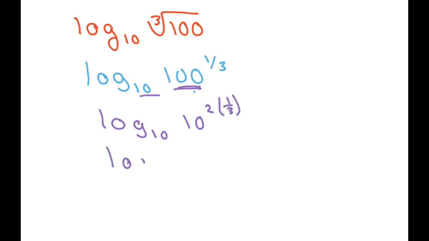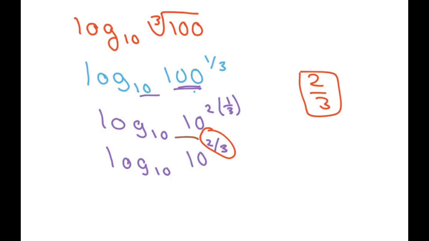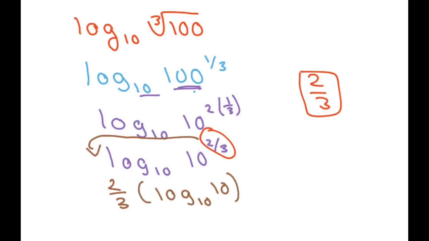So we get log base 10 of 10 to the 2/3 power. And basically right now you could just see the answer is going to be 2/3. But you're supposed to show your work, so move that 2/3 in front, times log base 10 of 10. Log base 10 of 10 just equals 1. And there's where you get your 2/3.